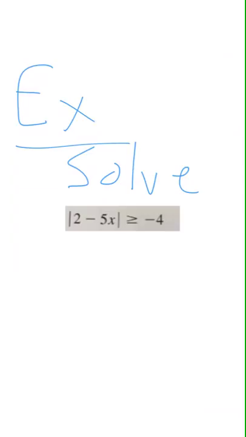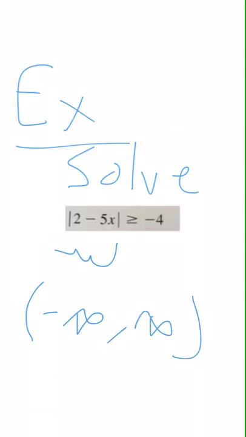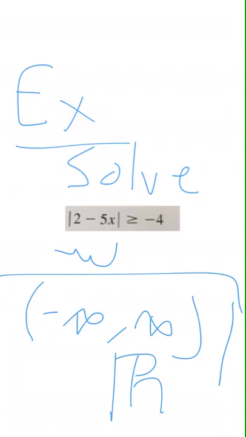If you notice, we have absolute value, so whatever number you plug in there is always non-negative. So if it's always non-negative, it will always be greater than this negative 4. So it would be all numbers from negative infinity to positive infinity, or just the set of all real numbers. So both of these answers would work.